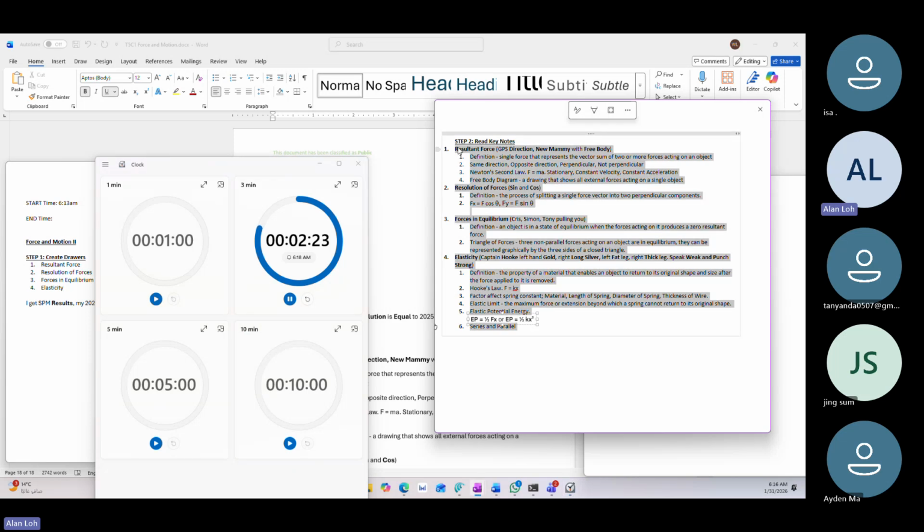Okay, read from resultant until parallel. Don't worry if you don't understand.